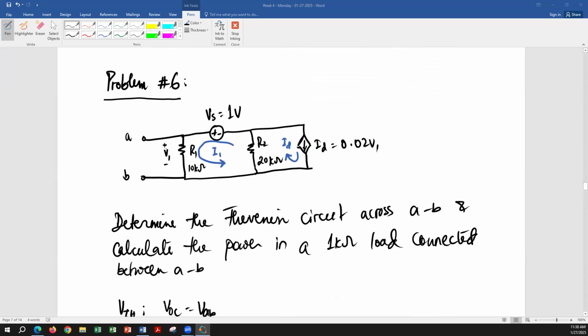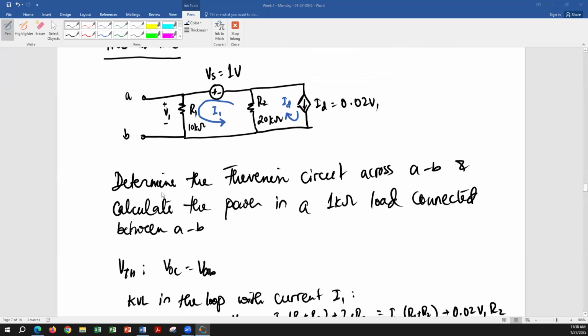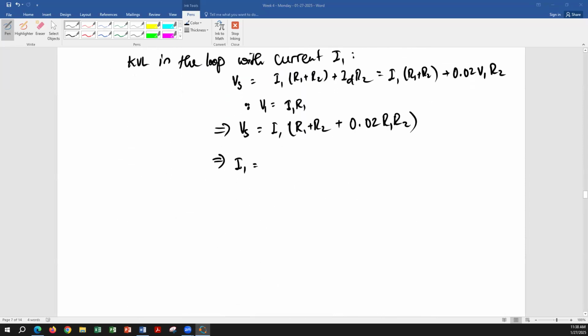R1 is 10K. R2 is 20K. Vs is 1 volt. And that's all I need. All right.